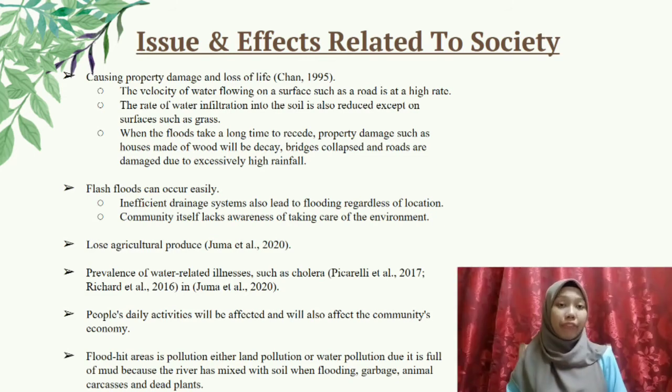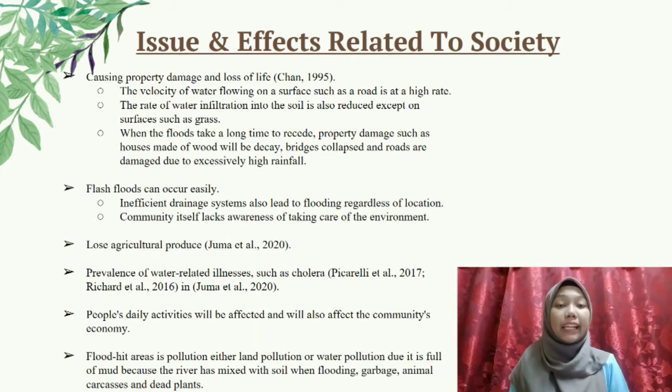The second effect is that flash floods can occur easily. Now, many people think the flood just happens in rural areas, but they forget the flood can also occur in urban areas. Actually, whether the flood happens depends on natural factors and the drainage system.